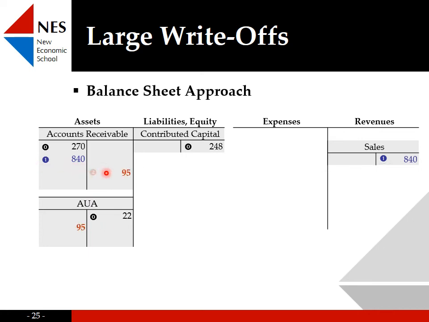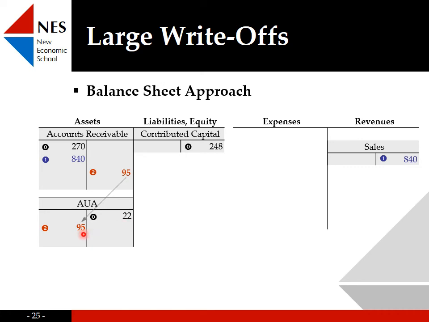After that, it will recognize the write-off of a significant amount of receivables, and the write-off will be booked against the allowance. Note that now the level of the allowance would actually be negative, 22 minus 95.